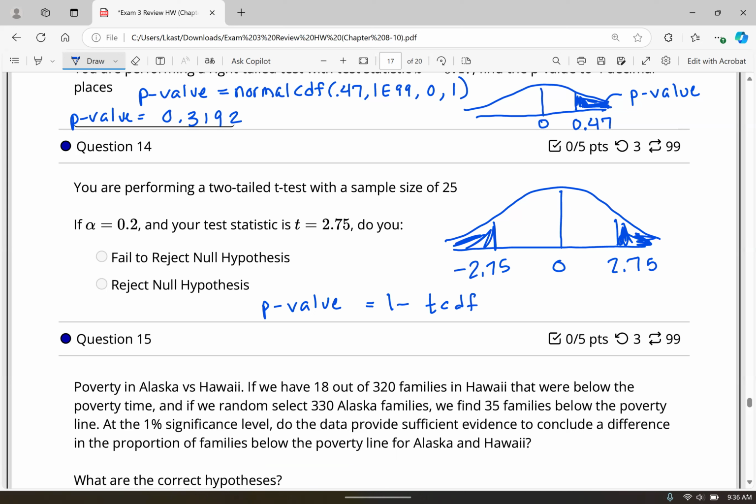I think it's TCF in your calculator, isn't it? Sorry about that. And what's our lower limit? Our lower limit's negative 2.75, our upper limit's 2.75, and the degrees of freedom. In a t-test, they want the degrees of freedom. In a z-test, you would just put 0, 1, correct? Okay, so we're going to go to our calculator and do this calculation.